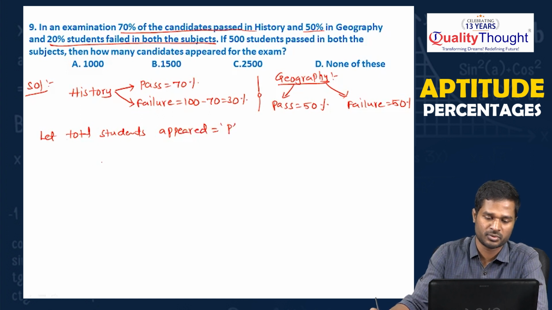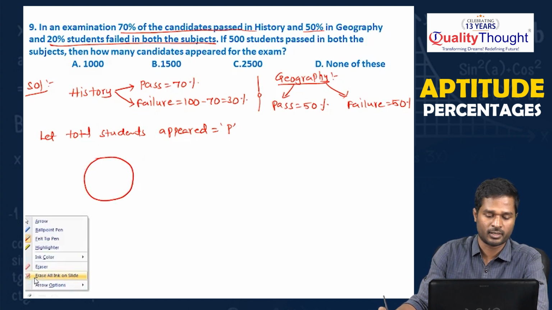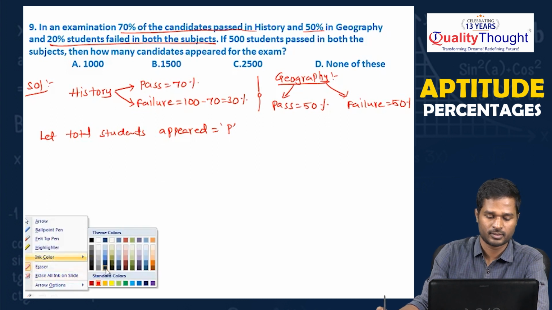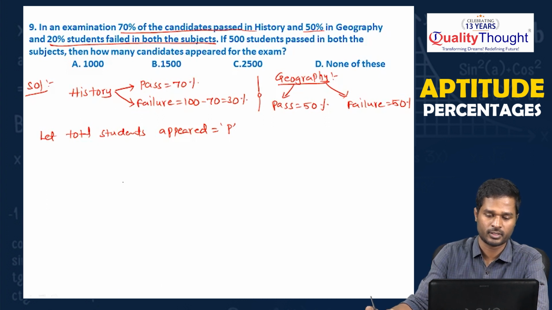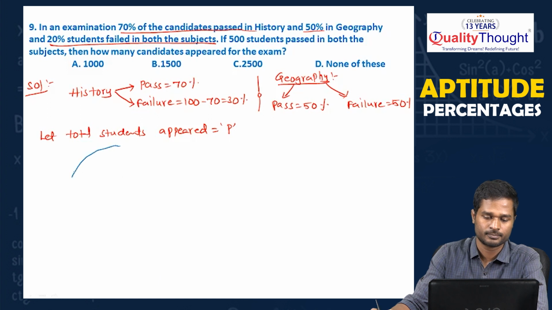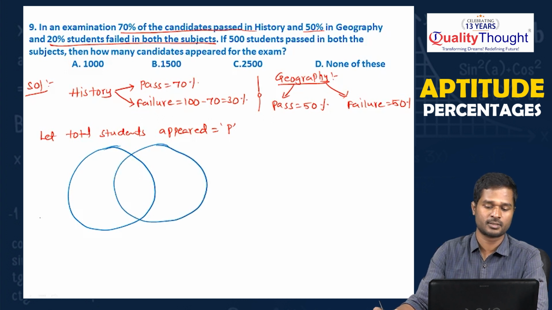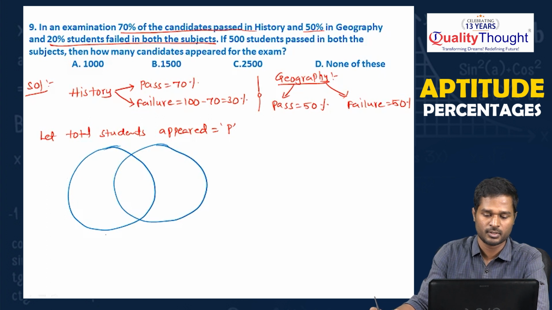Now, we will use the Venn diagram method. Let us draw it a little bigger with a different color. Take two circles and consider them as Venn diagrams.